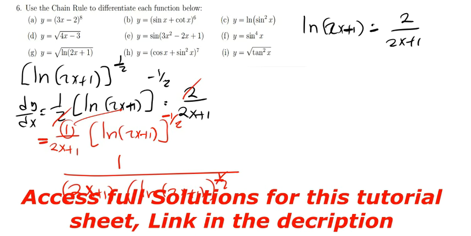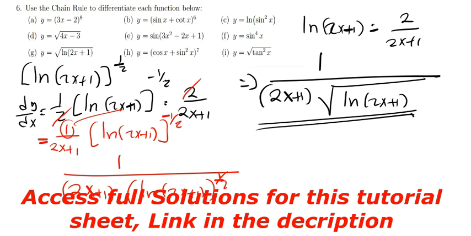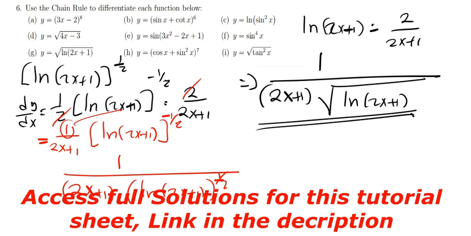So now, since half is also the square root, the final answer will be 1 divided by 2x plus 1, like that, then the square root of natural log of 2x plus 1. That one is my final answer. There is no debate about this one. Or in case you have not seen the answer, that's the answer. That one.